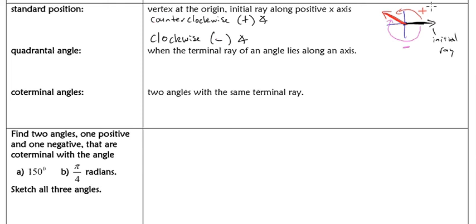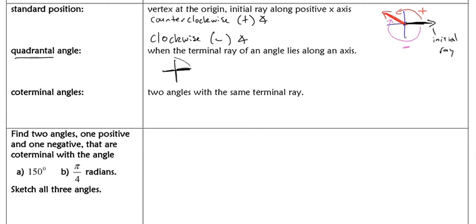Okay. Now, when your terminal ray ends right along one of your axes, the x or y axis, it's called a quadrantal angle. So if that's going to happen, starting from your initial ray, when would you have a terminal ray that ended on either 90, 180, 270, or back at 360?